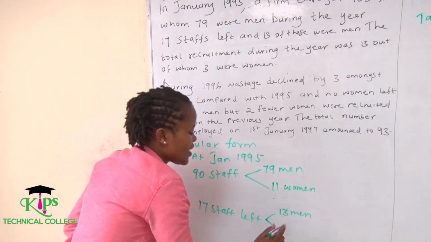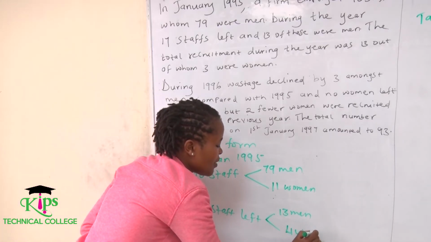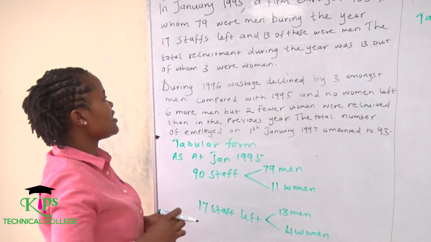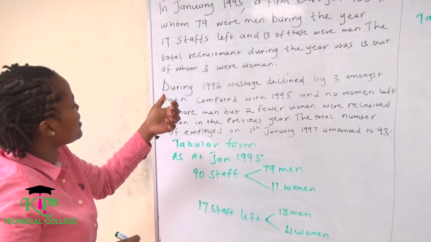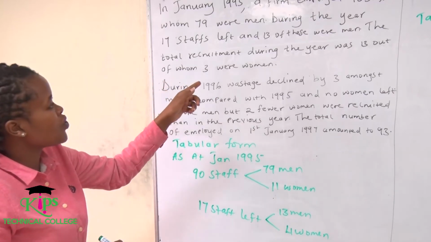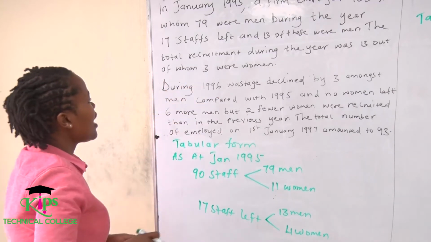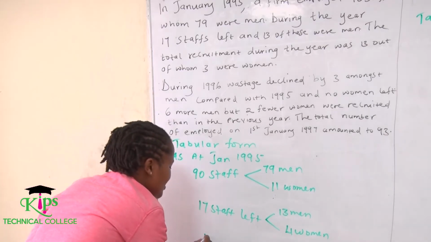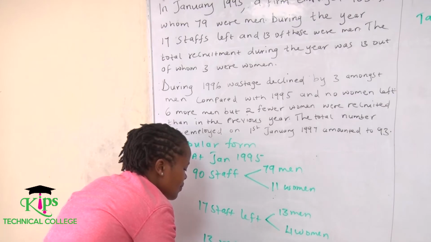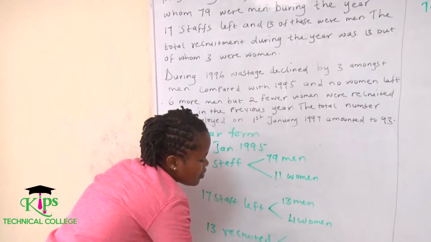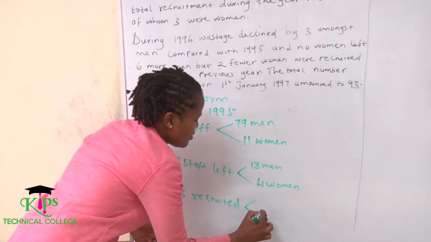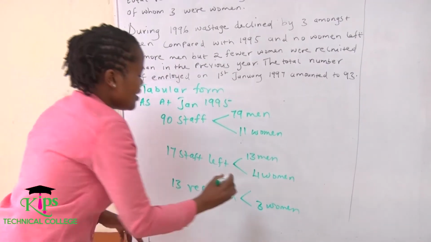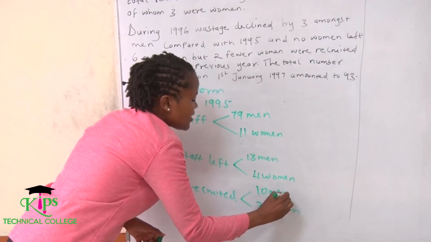We have 17 minus 13, which is 4 women. Then, during the same year, we had recruitment in the same firm. The total recruited during the year were 13, of whom 3 were women. So if there were 3 women, it means men were 10.